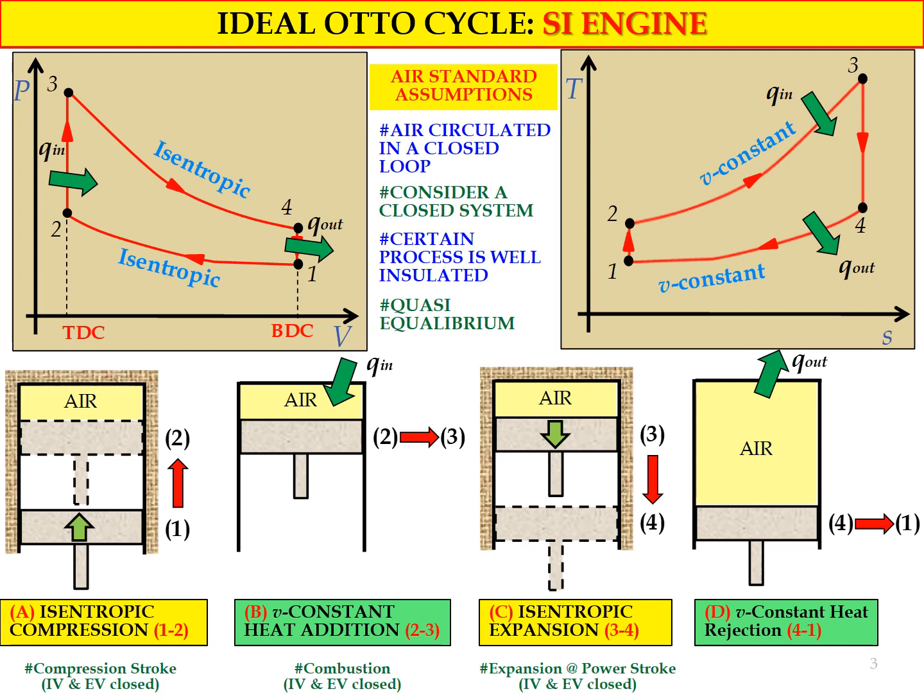Process C, isentropic expansion, will represent the expansion or power stroke process in the actual engine. And the last one, V constant heat rejection, will represent the process after the expansion and just before the exhaust stroke process. So all these processes in the actual engine will not involve any opening of the intake valve and also the exhaust valve. Both the intake valve and the exhaust valve are closed during the process.